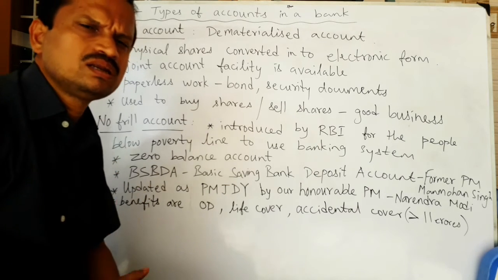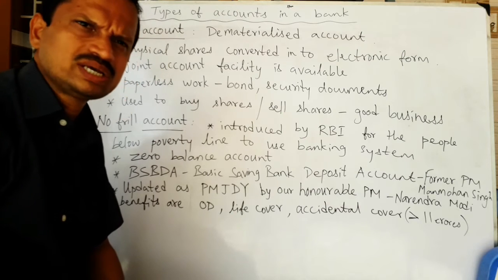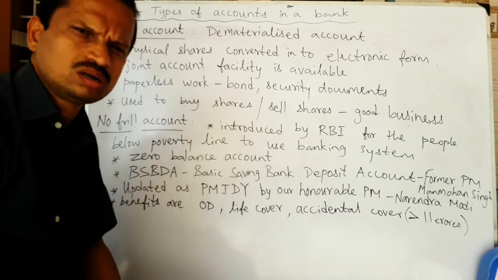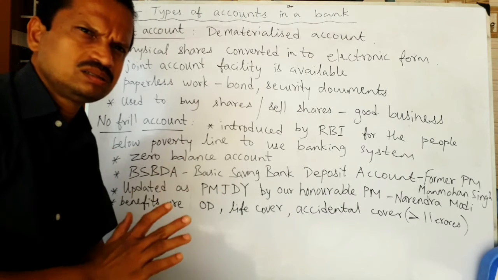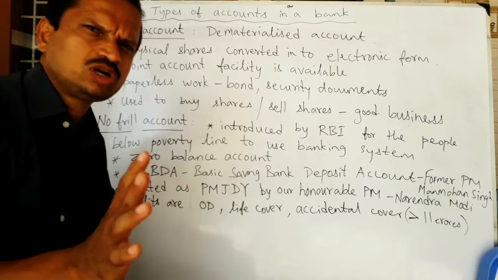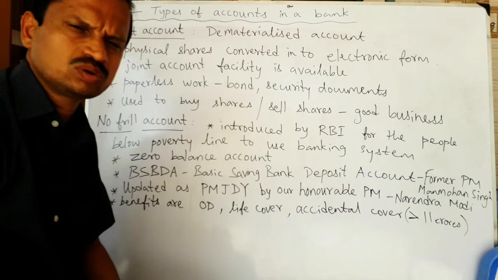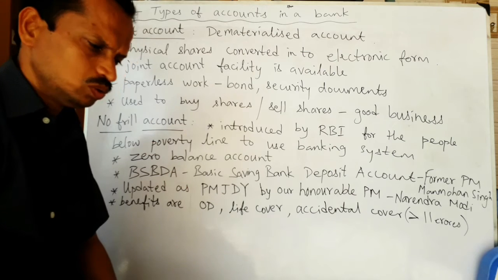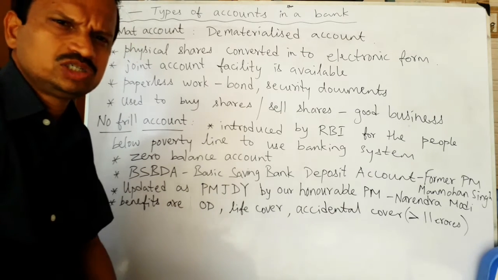Then we can buy and sell the shares, and they will advise those who have the demat account. They are called the participants of these shares. So they will help you how to maintain the shares.